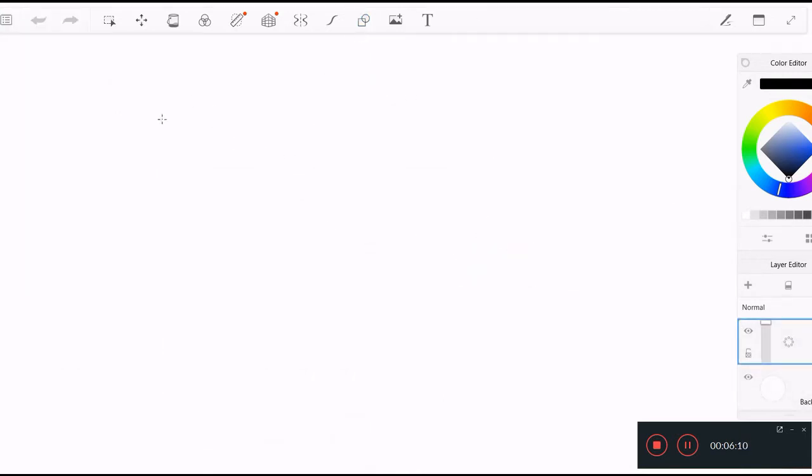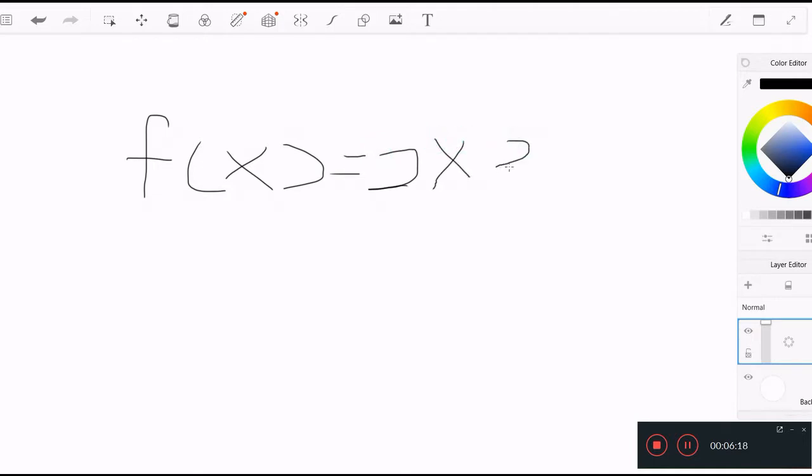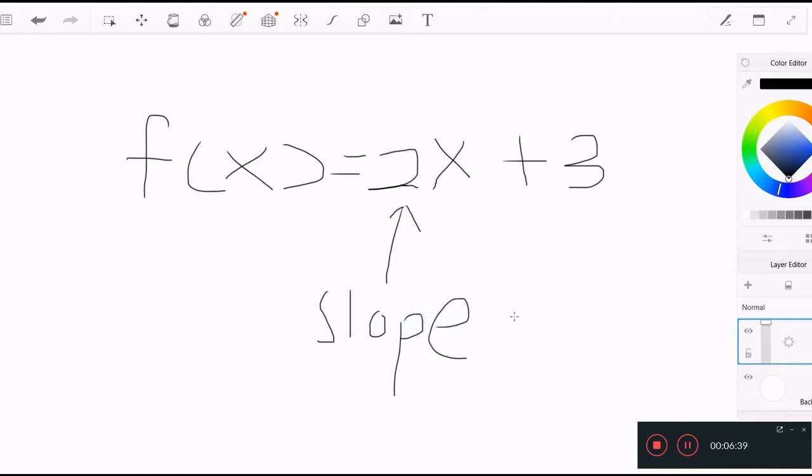So I'll show the linear function. This is a linear function: f(x) equals, for example, 2x plus 3. I will break it apart. What does the 2 mean? The 2 is the slope of the graph.